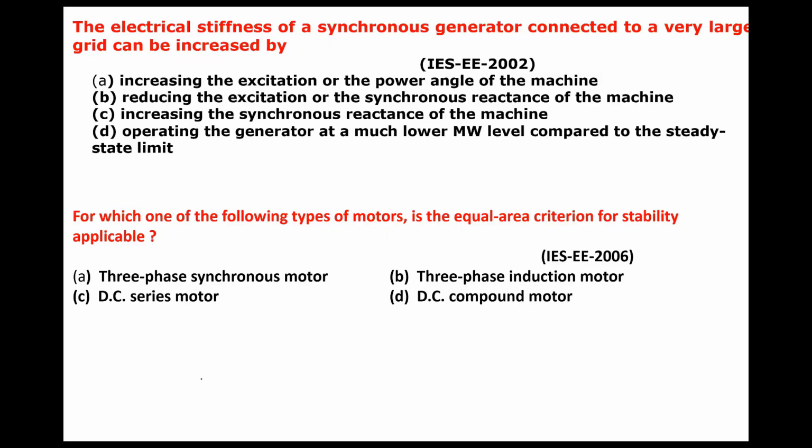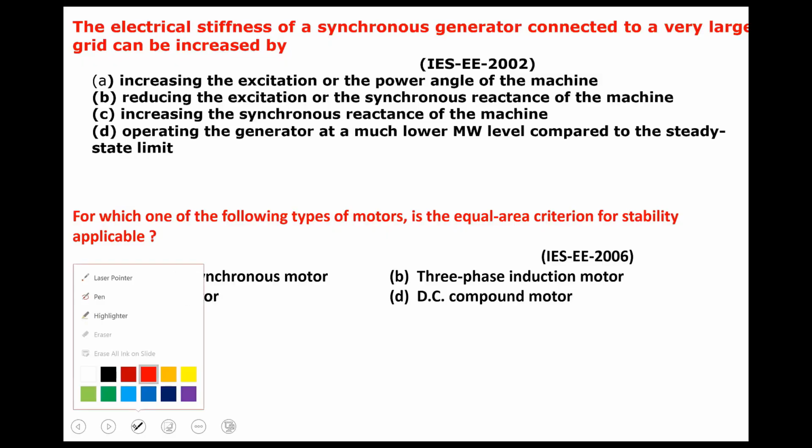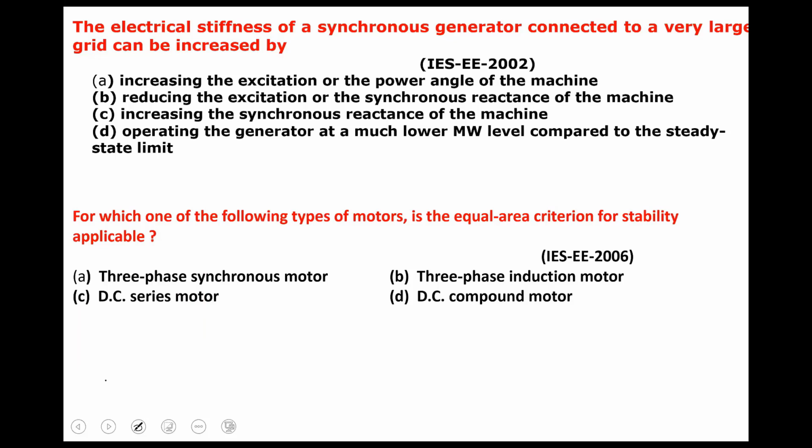So to be very accurate, stiffness coefficient is nothing but synchronizing power. That is equal to dPe by d delta.